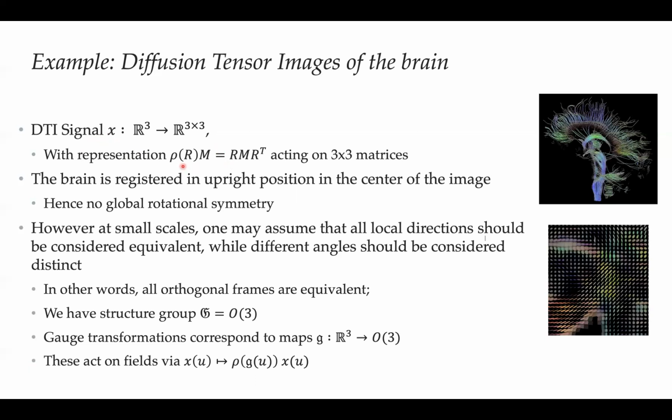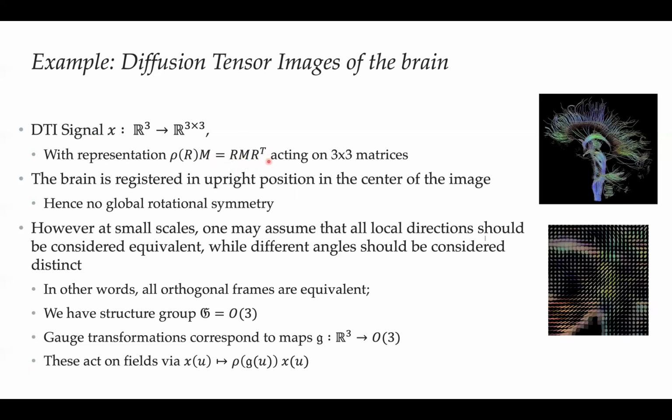The representation that we have here may remind you of what we saw with the adjacency matrices for graphs, where we had a permutation that acted by conjugation on the rows and columns of this matrix. In this case, we have a rotation matrix R, and the way it acts on our matrix M, this 3x3 matrix, is also by conjugation.